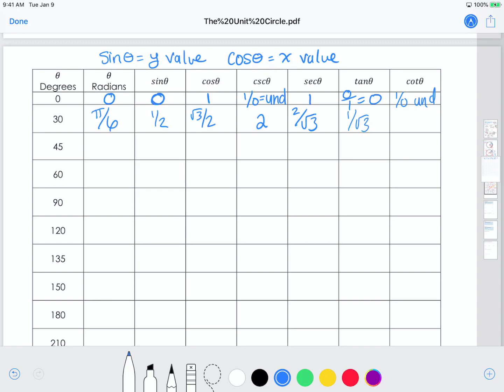The cotangent is the reciprocal of tangent, which is the square root of 3 over 1, or the other way you could look at it is that the cotangent is cosine over sine, which would still give you the square root of 3. So just use your identities to find these, and use the circle to find your x and y values. So cosine is x, sine is y.